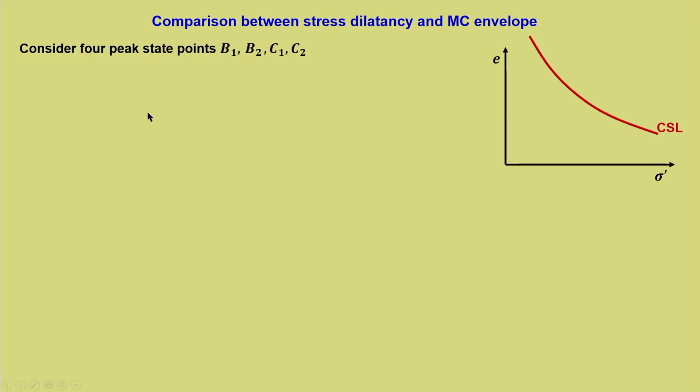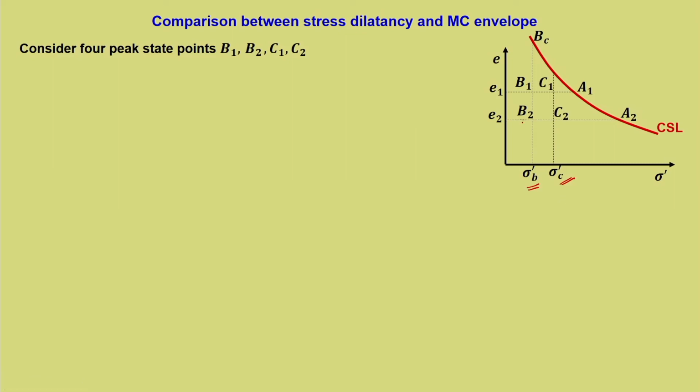Another aspect we need to discuss is stress dilatancy and the Mohr Coulomb envelope. Let us consider 4 peak state points B1, B2, C1, C2. Corresponding to E1 we have A1, and corresponding to E2 we have A2, which is the point on the critical state line. Corresponding to sigma dash B, we have B1 and B2, and corresponding to another reference effective stress, sigma dash C, we have C1 and C2.